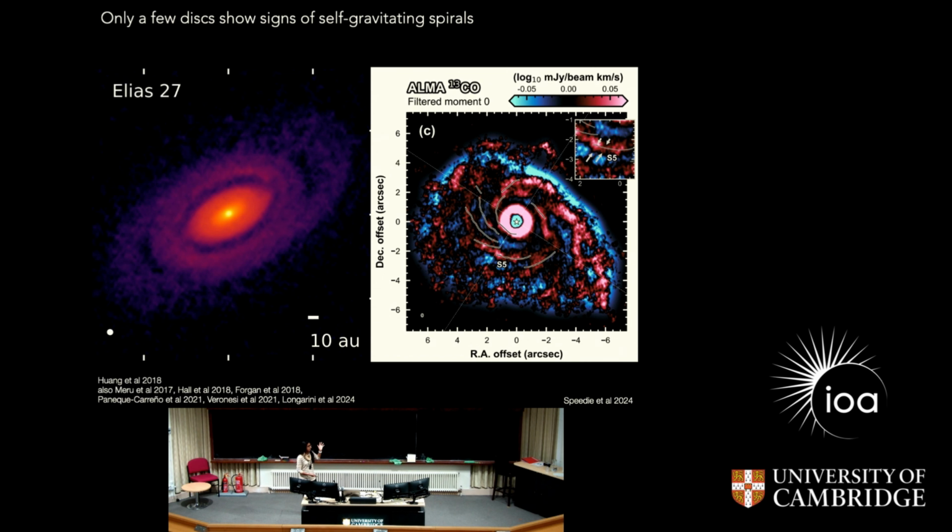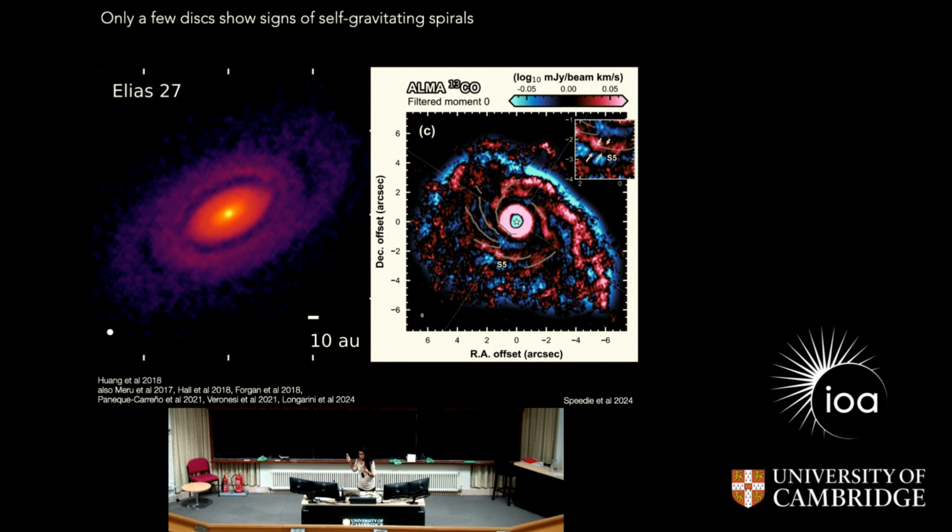We've got strong evidence that these are self-gravitating. On the left-hand side, you have the Elias 27 disk, and in the top right of this image and also in the bottom left, you see these two large-scale spiral structures. This is roughly a 300 astronomical unit disk.